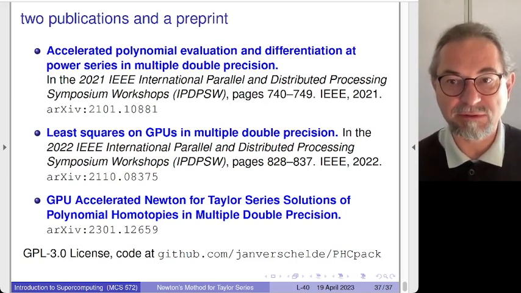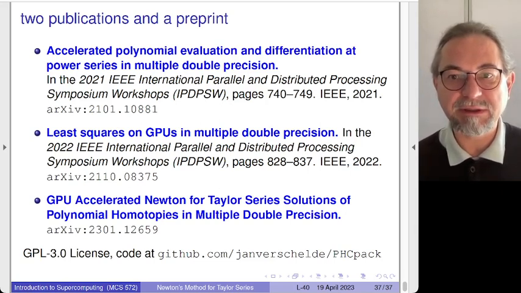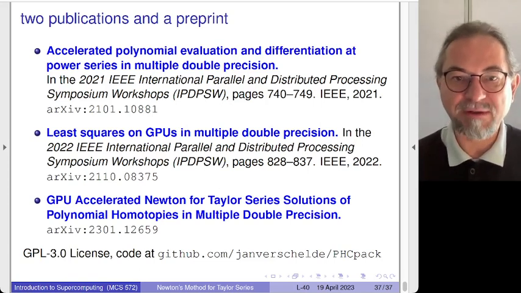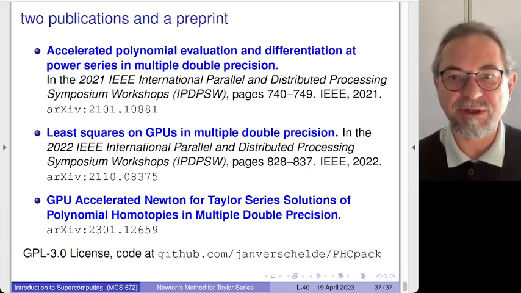So even if you are not into multiple double arithmetic, or if you want to consider only double doubles, then the cost overhead from Taylor series is still considerable. And you also have the scaling up of the precision, which is another motivation. So even if you wouldn't be working with Taylor series, then going for GPU acceleration to compensate for the cost overhead of multiple double arithmetic is certainly worthwhile doing.